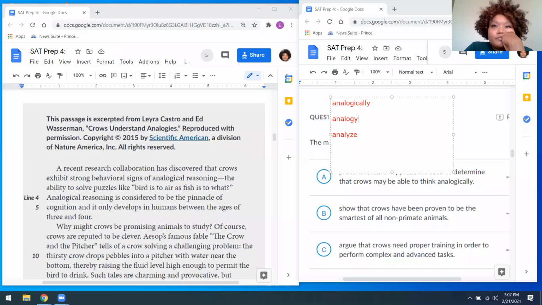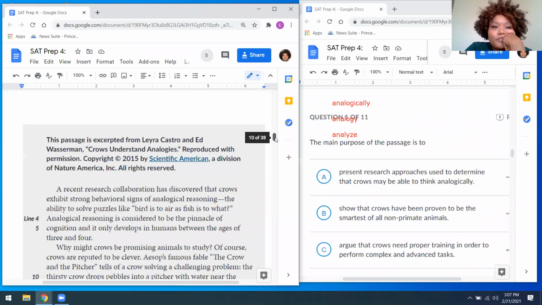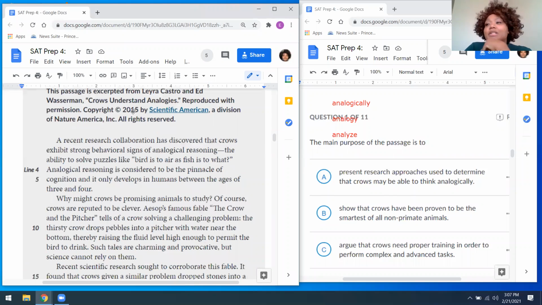Because when you read it, actually it's also in the title, analogies. So I was just doing that to make sure that we know what we're even being asked.